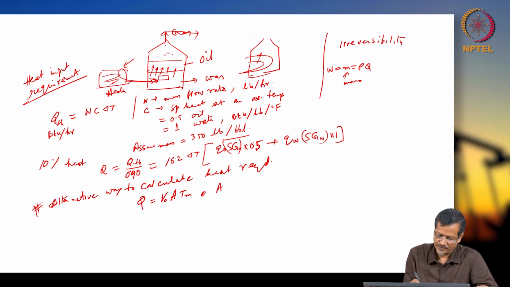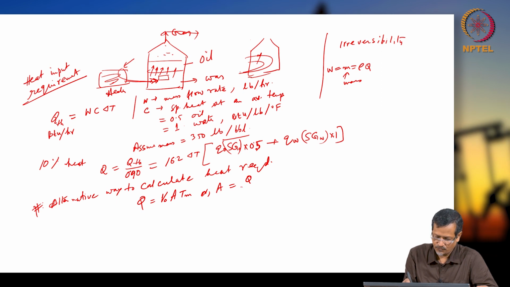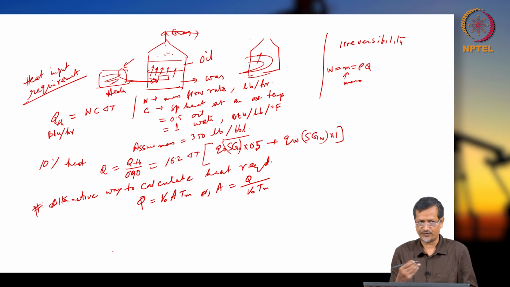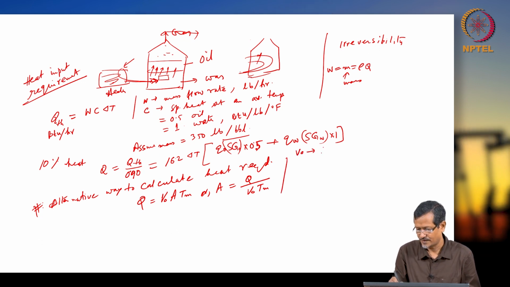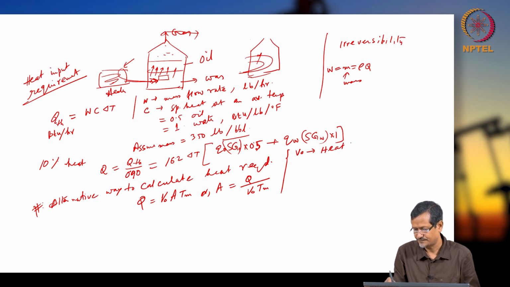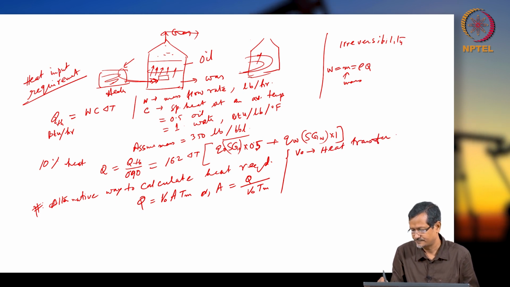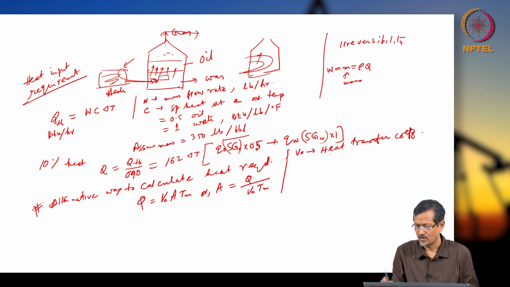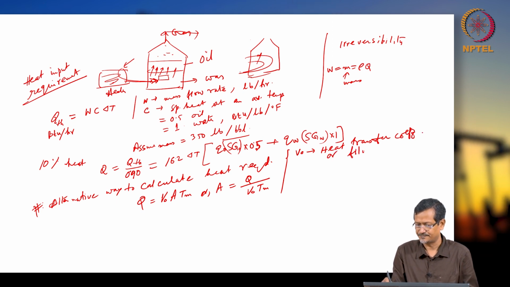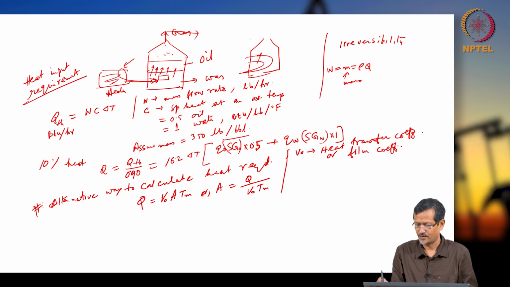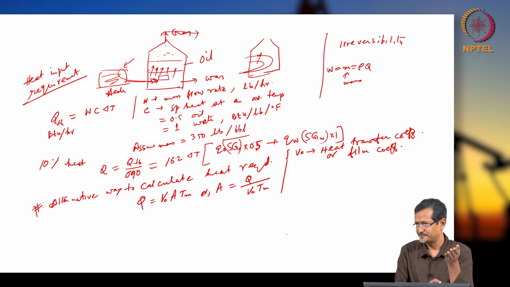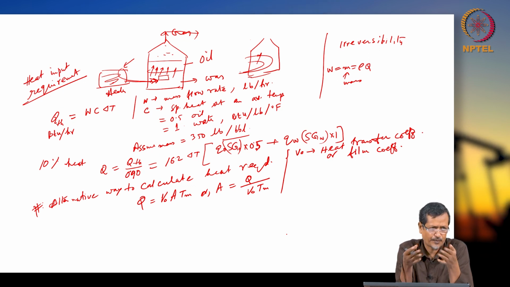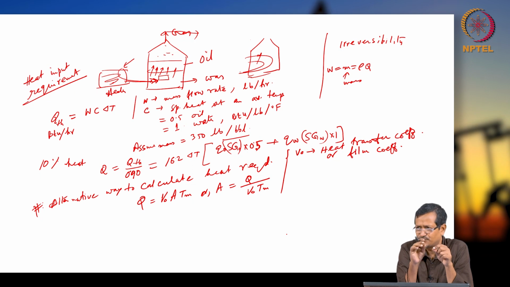Or A equals Q over U₀ Tm. U means film coefficient or heat transfer coefficient. So U₀ you can write as heat transfer coefficient, or film coefficient sometimes they say. Okay. Heat transfer coefficient varies if you change the fluid, the surface profile, or the fluid velocity.